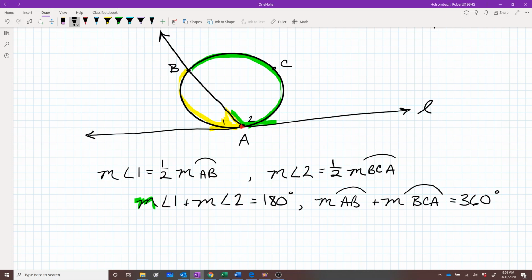Angles 1 and 2 are a linear pair. Arc AB and arc BCA, yellow arc plus green arc, has to equal 360. Alright, so that's the rule, the description, and the diagram. And now we need to apply that to some problems so we can solve triangles.